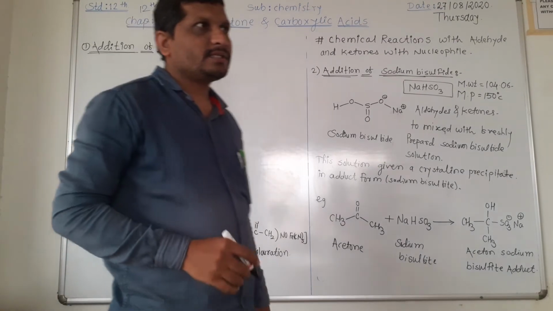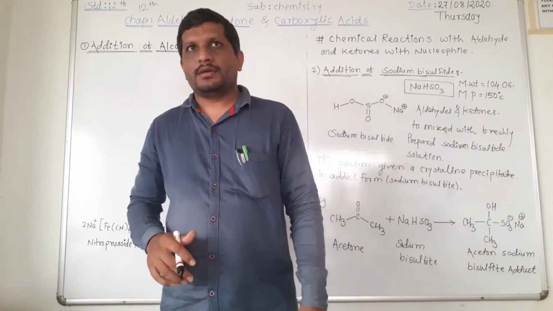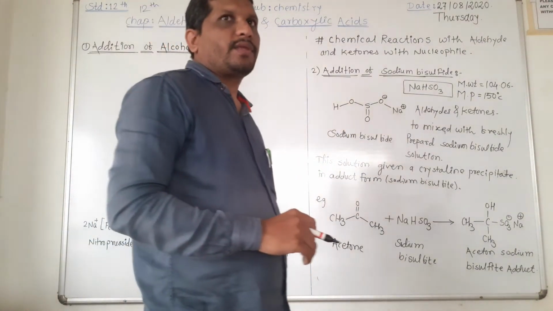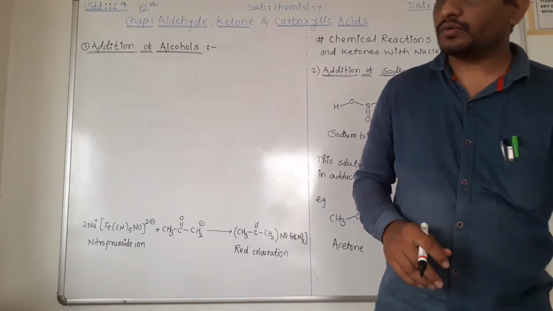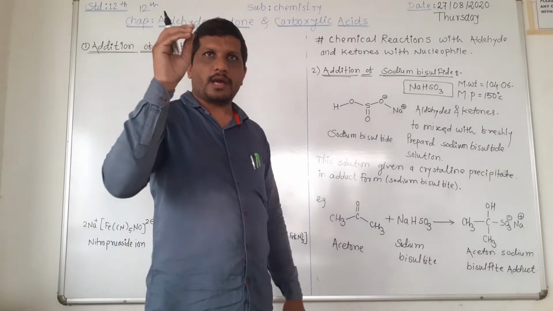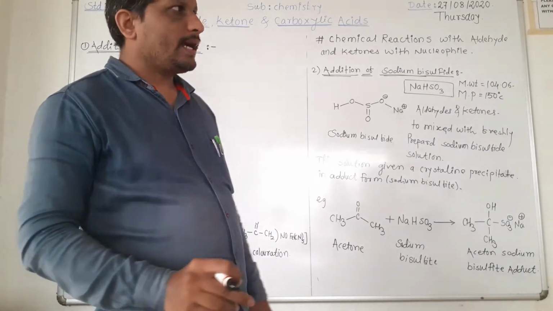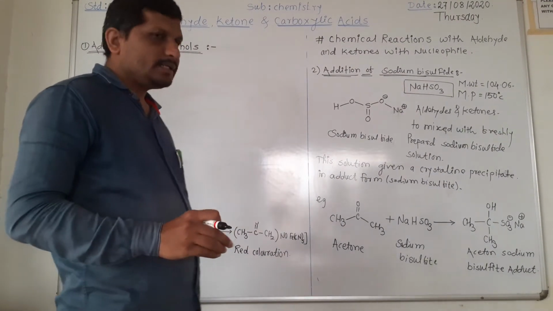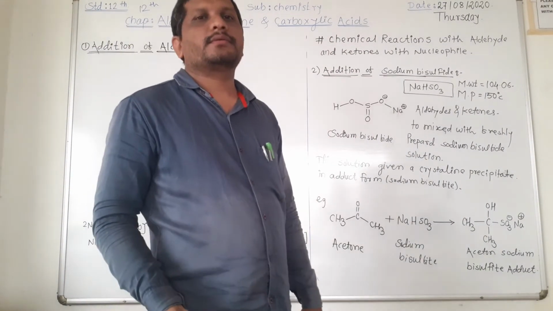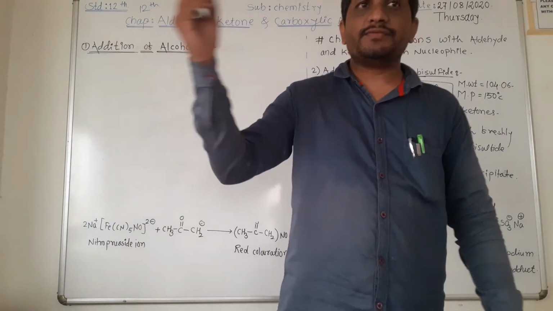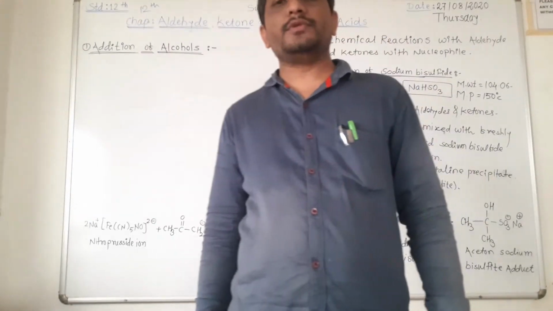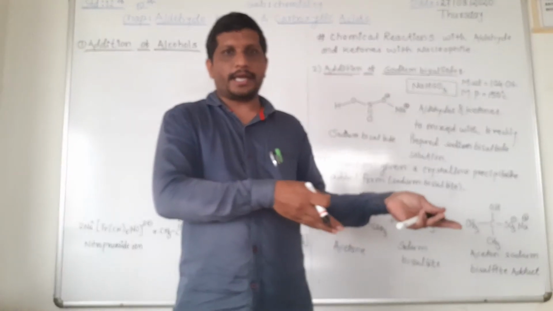Now in this type of reaction, a monohydric alcohol generally reacts with aldehyde and ketones in presence of dry hydrochloric acid and dilute hydrochloric acid. It's a reversible reaction because the product, when it reacts with aqueous hydrochloric acid, gives the reactant again.